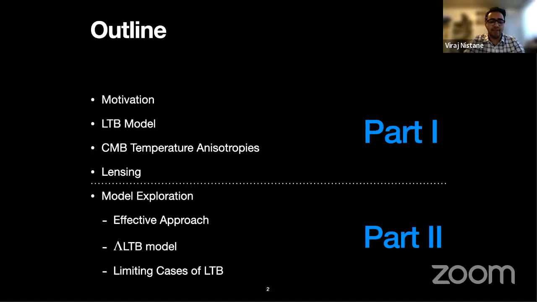And finally, we can discuss the main focus of this work, which is the lensing of the CMB temperature anisotropies for an off-center observer in a large-scale void. This would be part one, and depending on the remaining time, we shall enter part two of the talk, regarding exploration of different variations of the LTB model and also of different parameters associated with the model.